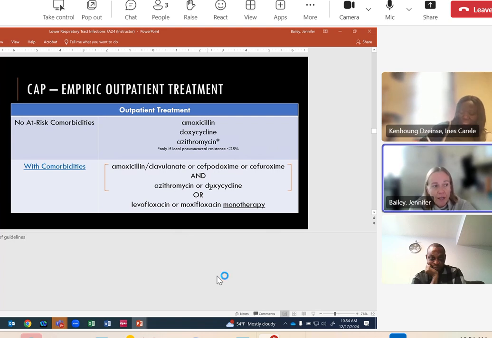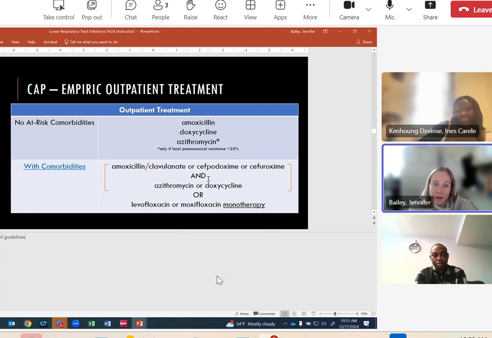So we have to add on one of these drugs, either a macrolide or a tetracycline, because they do treat atypical bacteria. The beta-lactams will cover everything else, the staph, the streps, the Haemophilus, but they won't cover the Legionellas and the mycoplasmas, and so that's why it needs to be partnered with one of these medicines. Okay, so these go together.